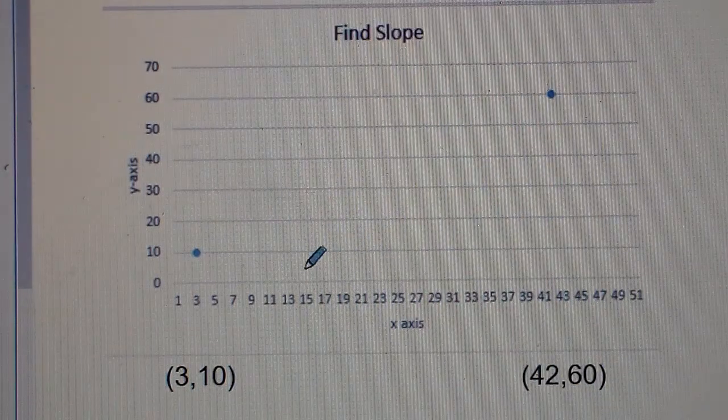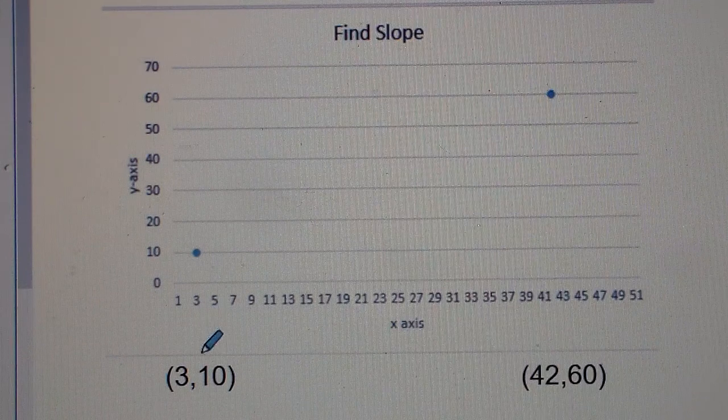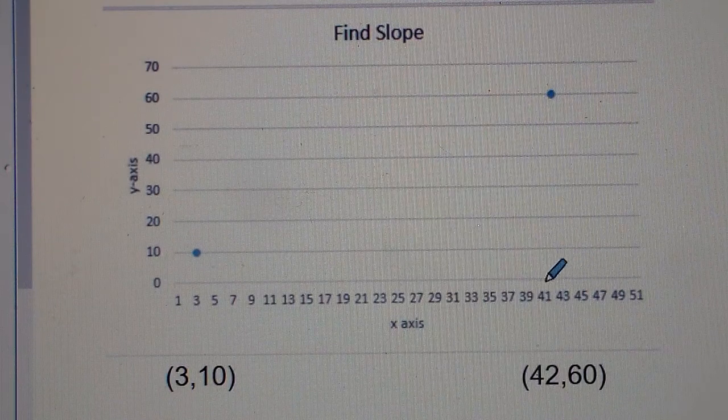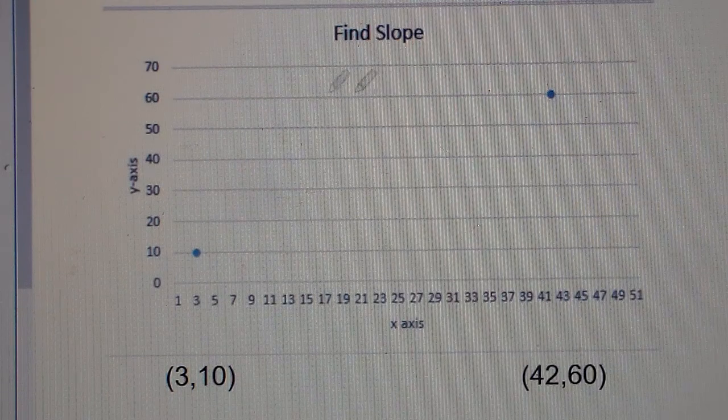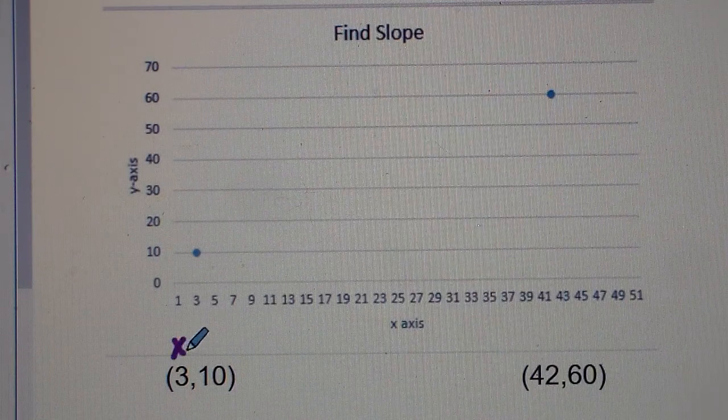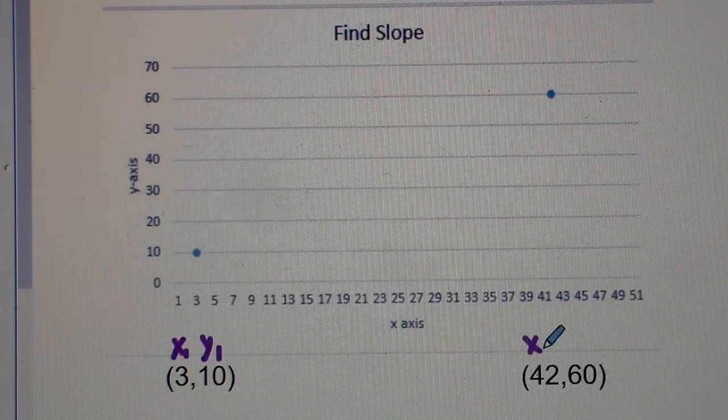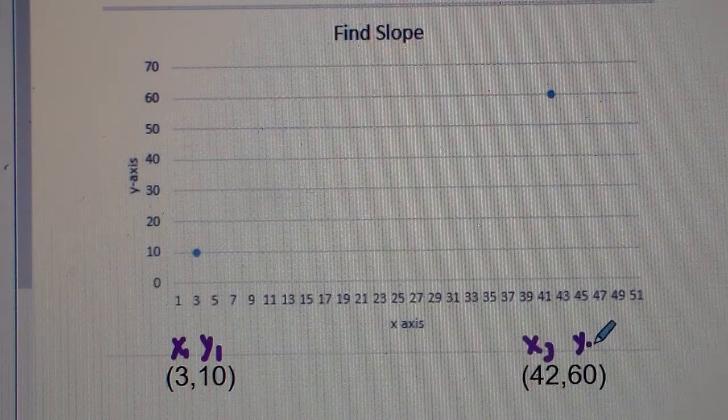Alright, let's do another one. This coordinate here looks like it's 3 to the right, 10 up, hence why I wrote 3, 10 there. Also a little mix of problems. This one looks like it's a little bit to the right of 41, so I call it 42. And it looks like it's on that line of 60. So it's 42, 60. So there's my x1, y1, x2, y2.